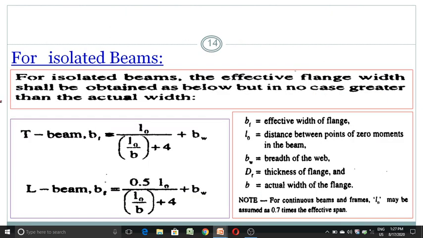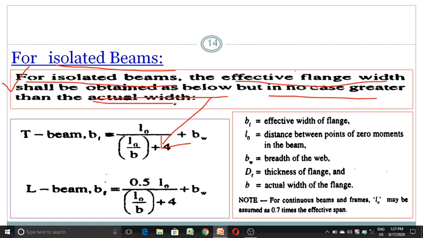Similarly, how to calculate the flange width for isolated T-beams. Here also one condition is given in IS 456-2000: for isolated beams the effective flange width shall be obtained from the formula given below, but in no case greater than the actual width of the beam.